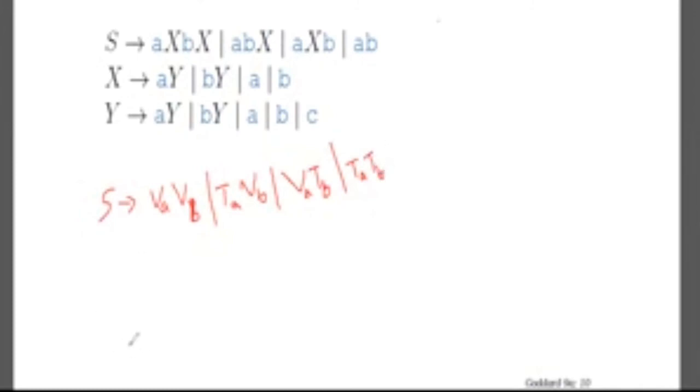where TA is A, TB is B, and TC is C, right?